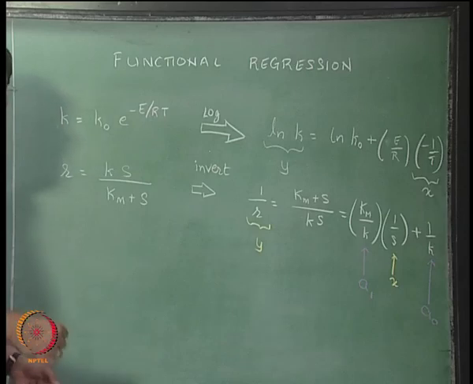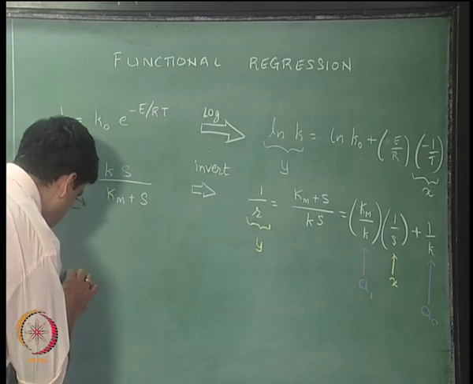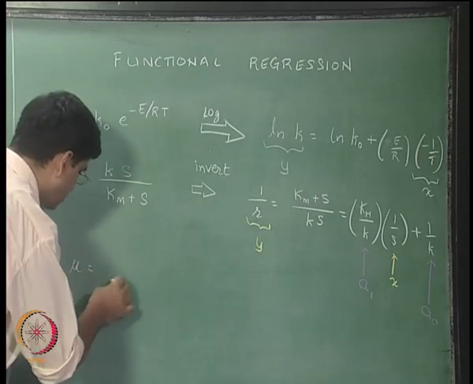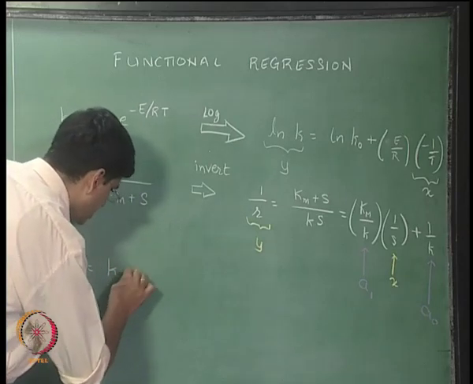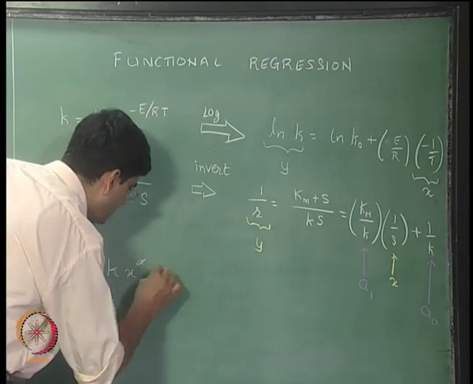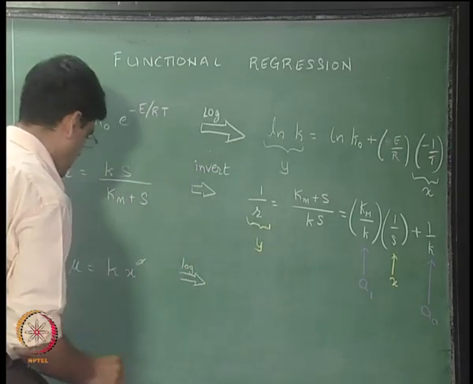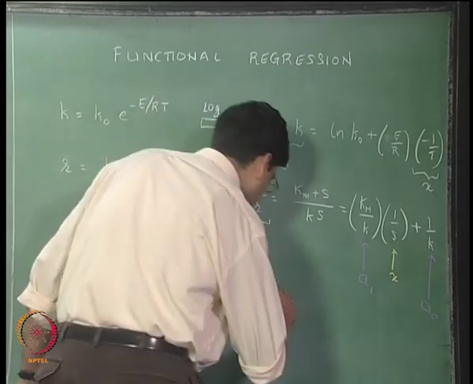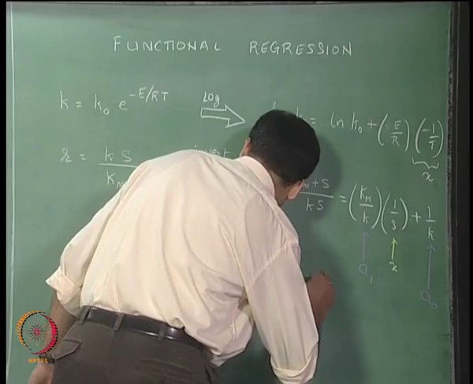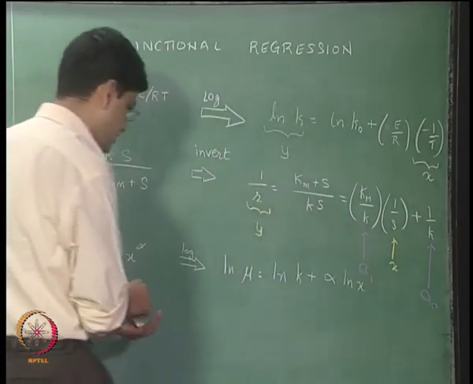Third example that we can look at is a power law type of model. Let us say we have a model of the form mu equal to k times x to the power alpha. We can then again take logarithm of that, okay, and then we will have ln of mu is going to be equal to ln of k plus alpha times ln of x, okay.